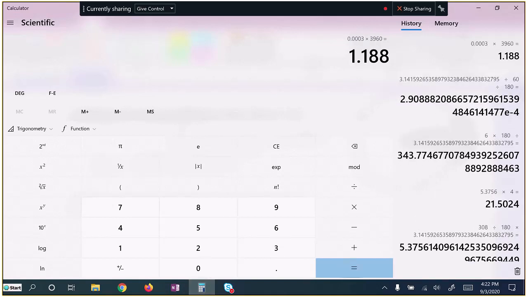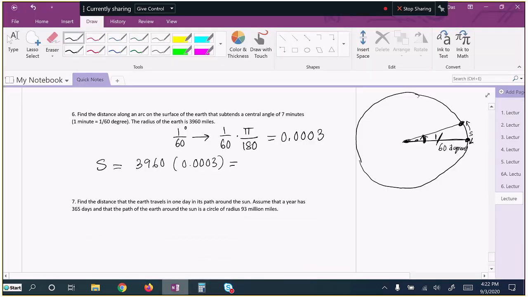So that should be 1.188 miles. So almost 1 mile. So the two spots on the surface of the earth, that is an angular distance of 1 minute or 1/60 degrees, is at a physical distance of 1.188 miles.